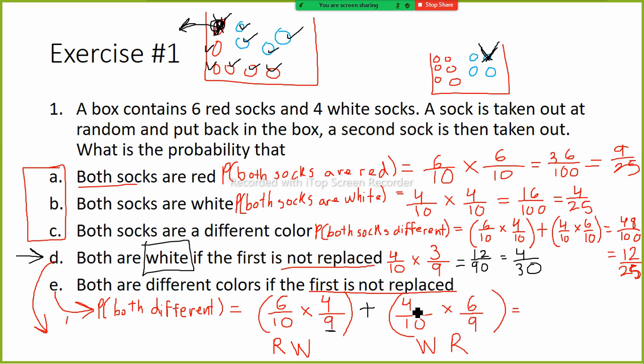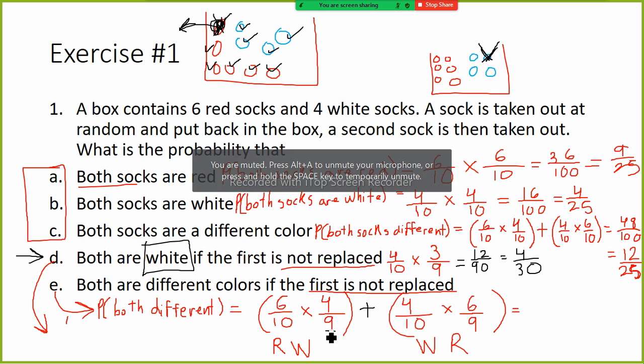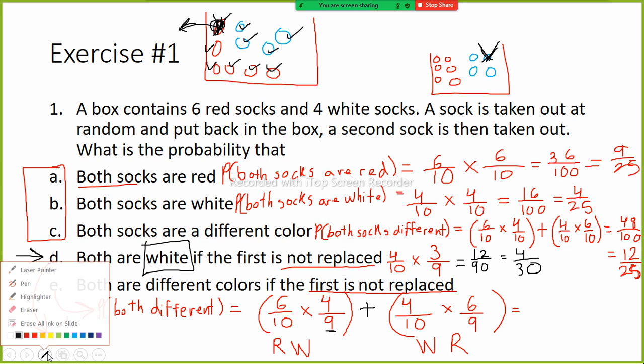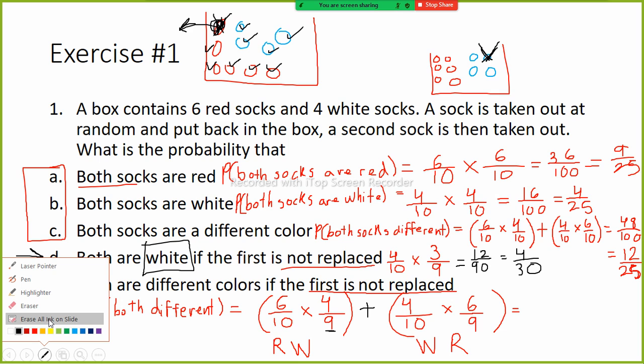I don't know. Okay, think about it. If the first is not replaced, how do you have 4/9 but you didn't change the 6/10? I don't know.